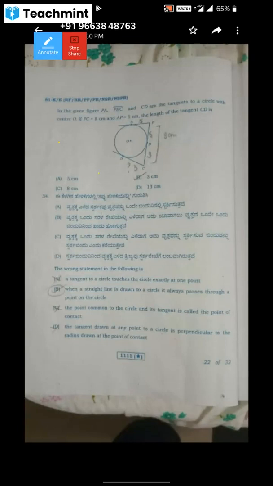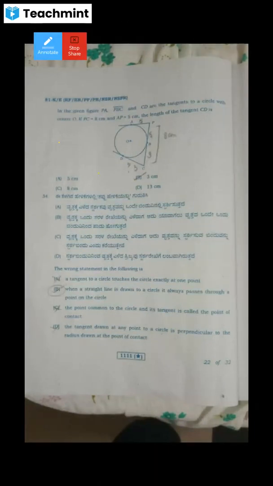The remaining is BC. PC is 8, subtract PB, that is 5, so that remains 3. So BC is 3, which means CD is also 3. They have asked CD, so CD is 3. Option B, 3 centimeter, is the right answer.